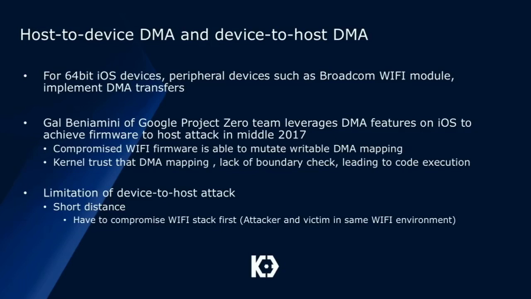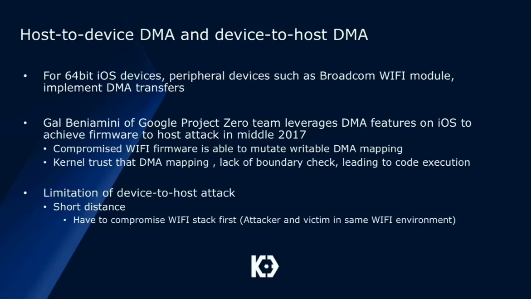In 2017, Gal Beniamini from Google Project Zero leveraged the DMA features on iOS to achieve a firmware-to-host attack. He compromised the Wi-Fi stack first, and then tried to mutate some writable DMA mappings in the device memory, which are also shared with the OS kernel memory.